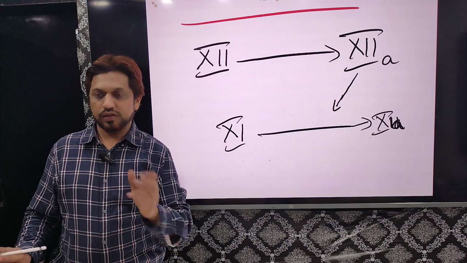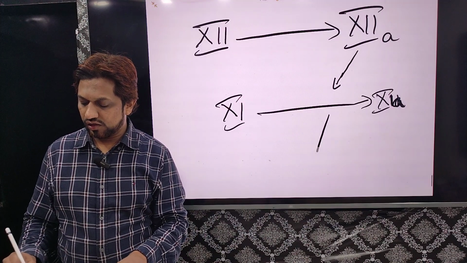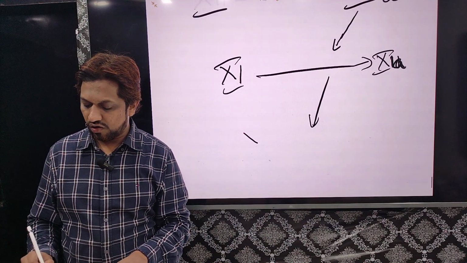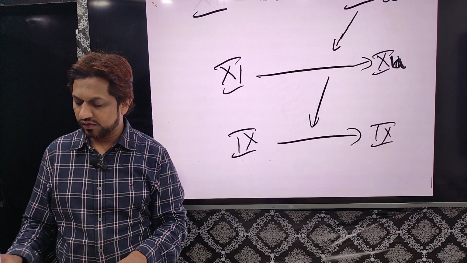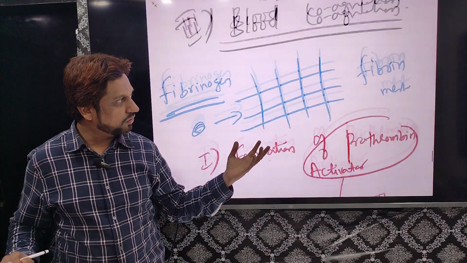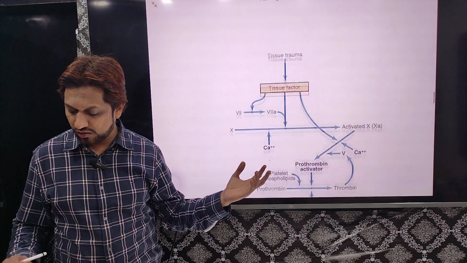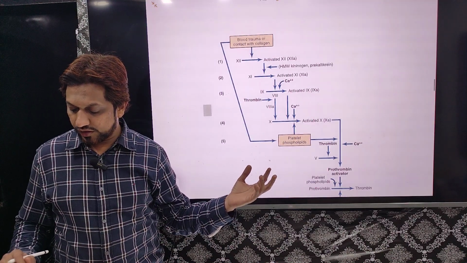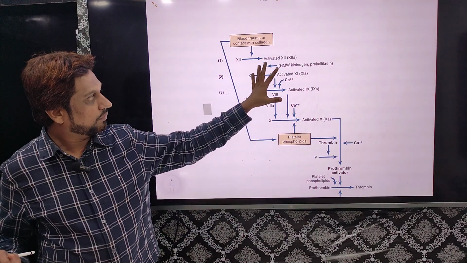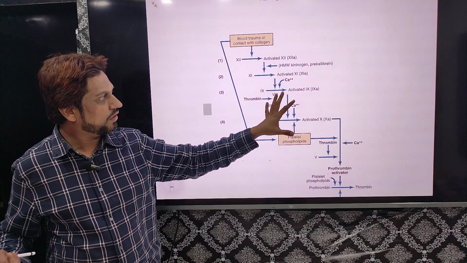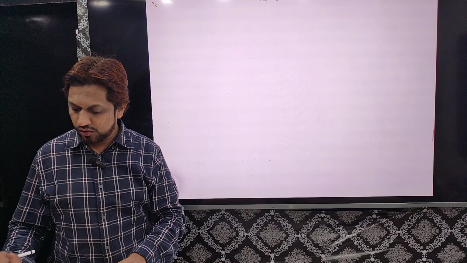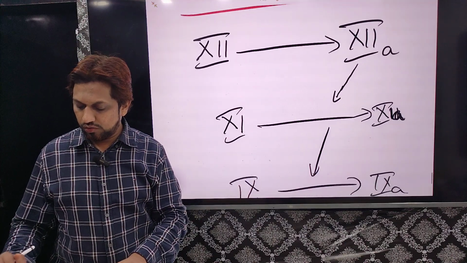Now this factor 11 will cause the activation of factor 9, factor 9a. So first I will try to explain this, then I will show this diagram also. I'll try to show this diagrammatic representation of how this will happen, but before that I'll just try to explain these things.